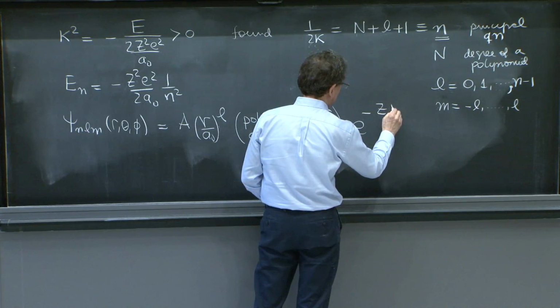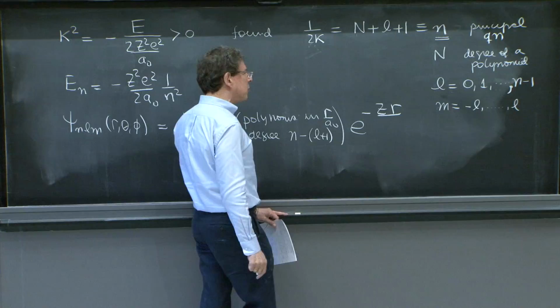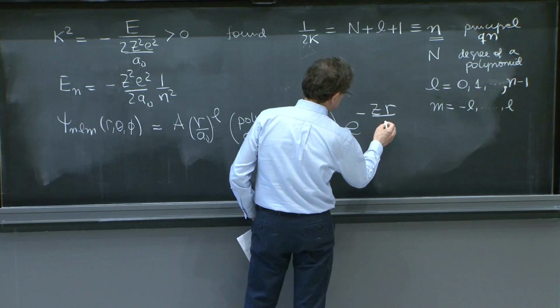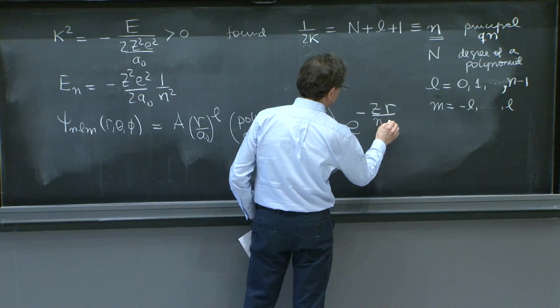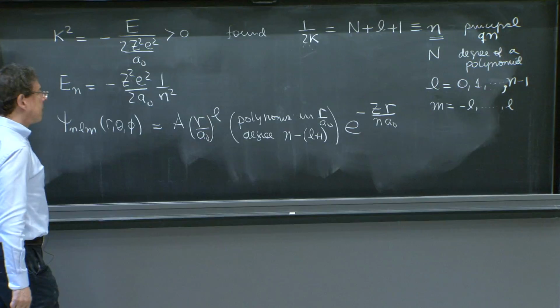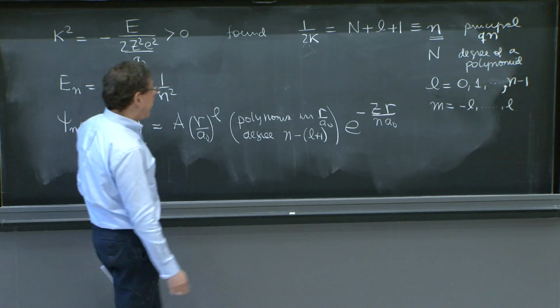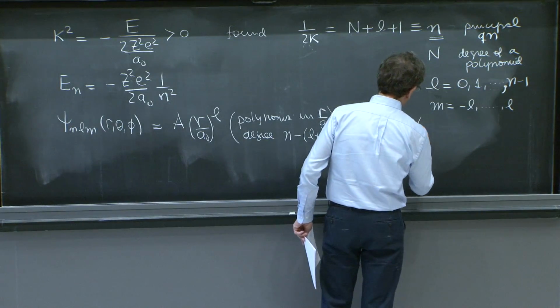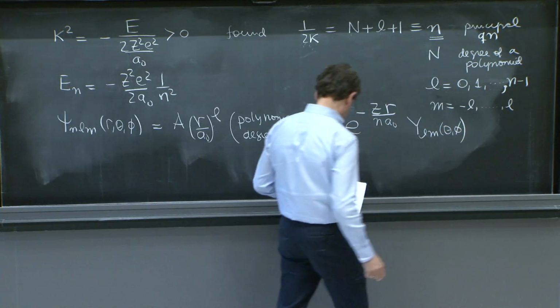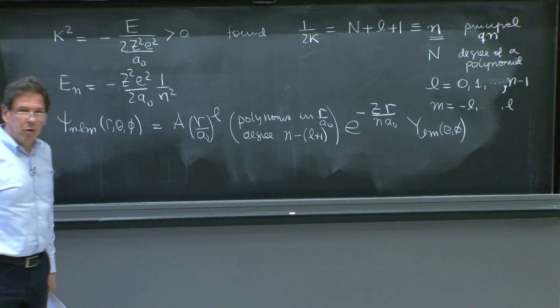The argument inside the exponential has to be dimensionless, and it turns out to depend on z r over n a0. And finally, the spherical harmonic. So that was the total solution.